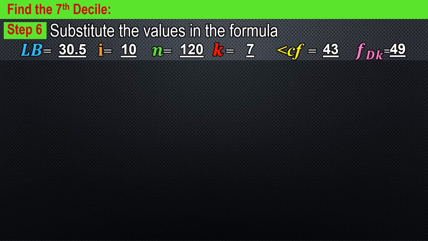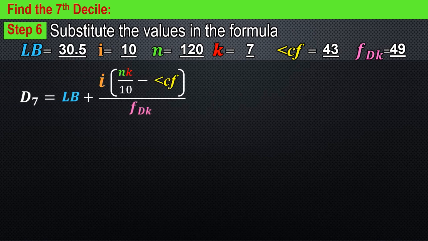Let us now substitute the given values in the formula. So we have decile 7 is equal to LB plus I times the quantity of NK over 10 minus less than CF all over the frequency of decile class.